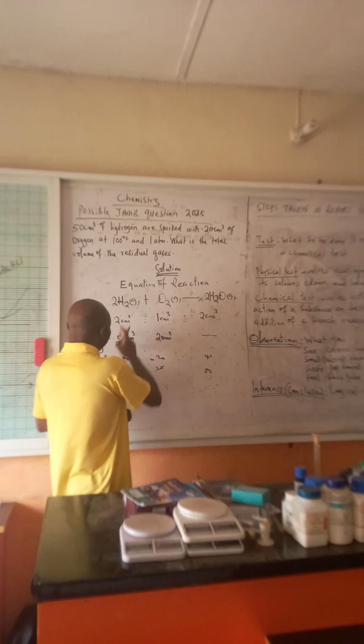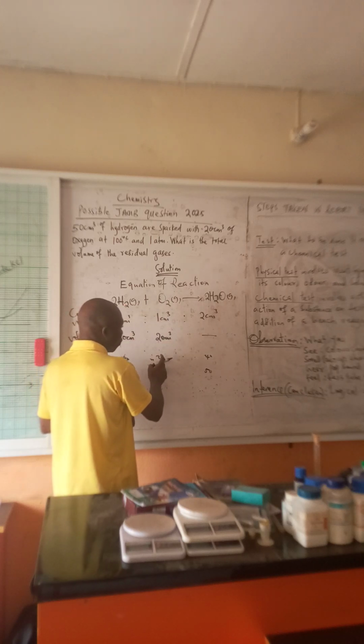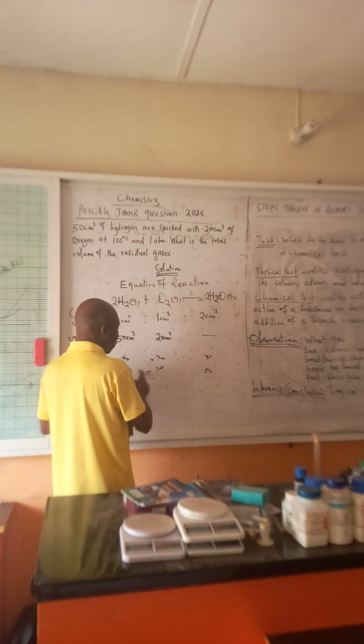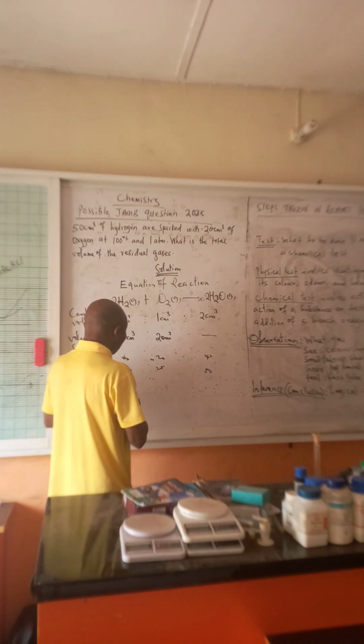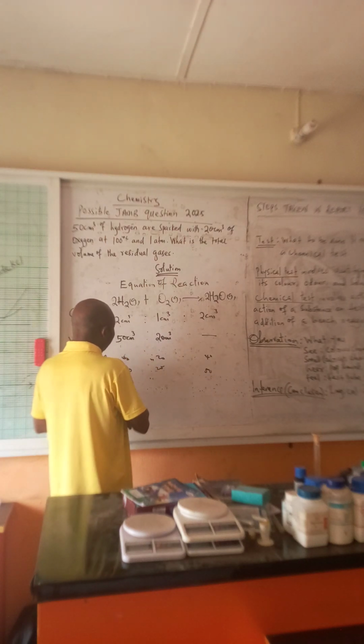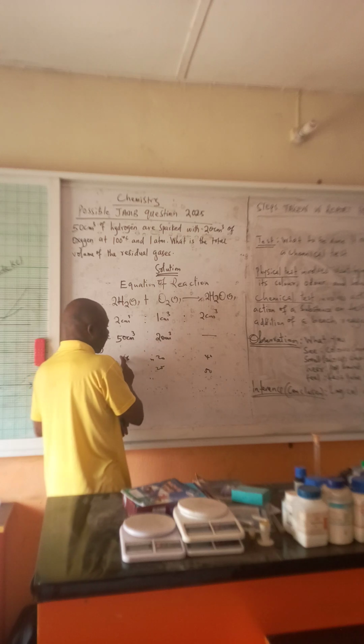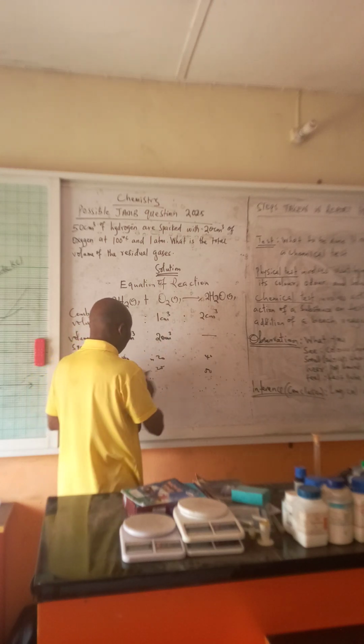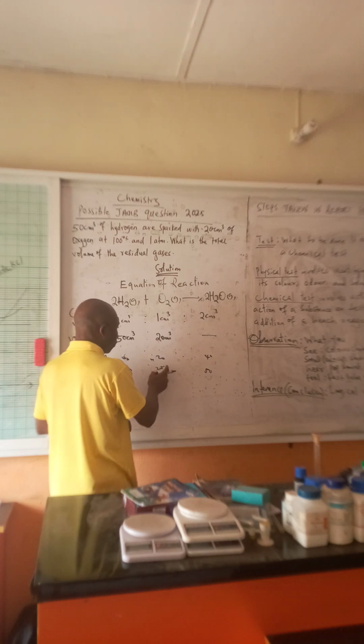So for hydrogen we have 40, 20, 40 as a ratio, then for oxygen we have 50, 25, 50. So the limiting reagent is hydrogen because it gives the lowest volumes.